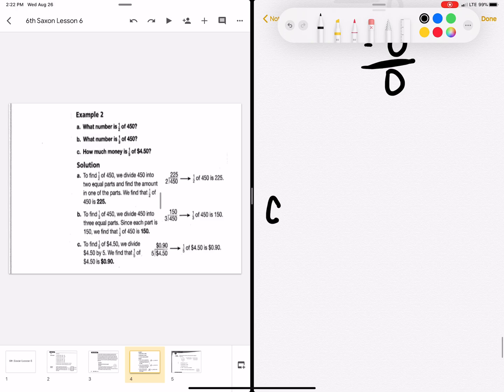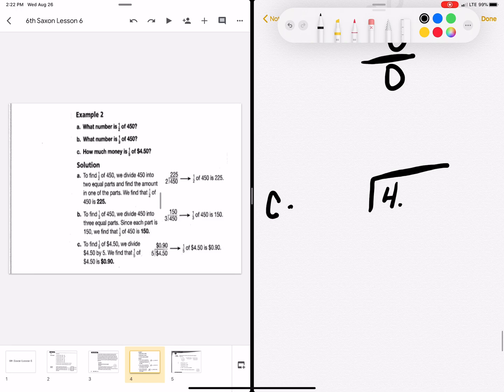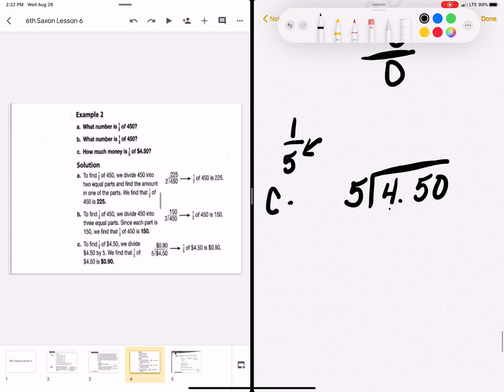C, how much money is 1/5 of $4.50? So divide $4.50 by the denominator of this fraction. That's where I'm getting that 5. 5 cars will not fit in a 4-car garage, but it will go into 45. What times 5 is 45? 9 times 5 is 45.